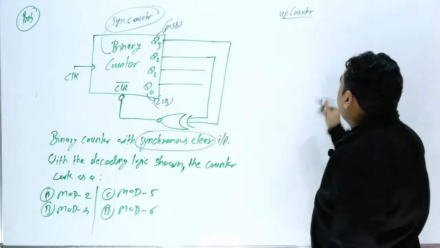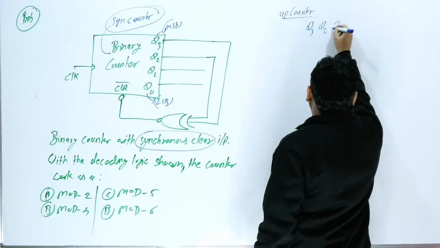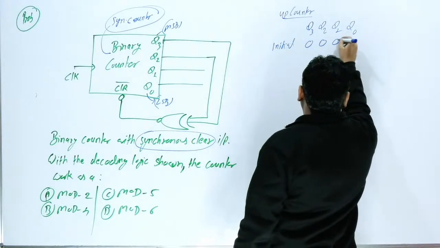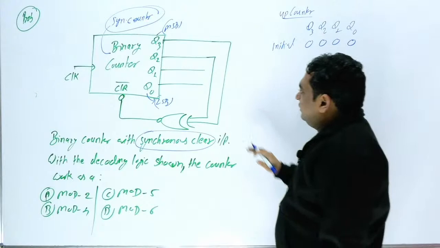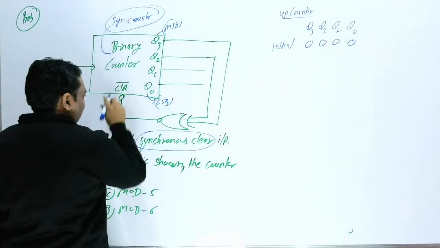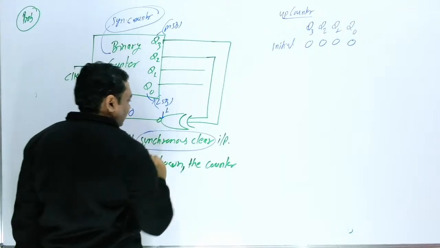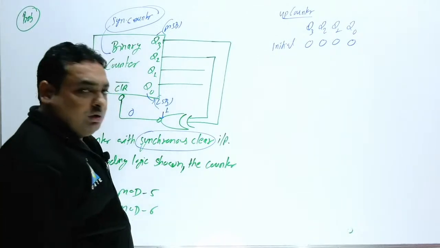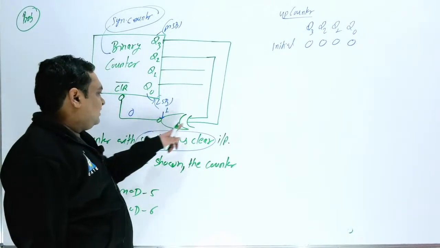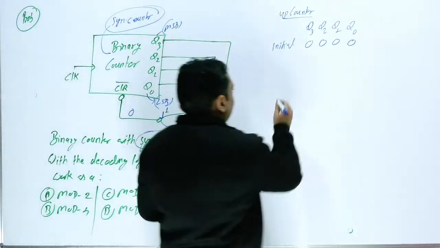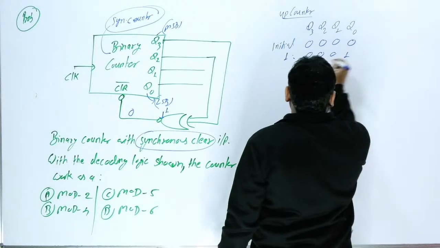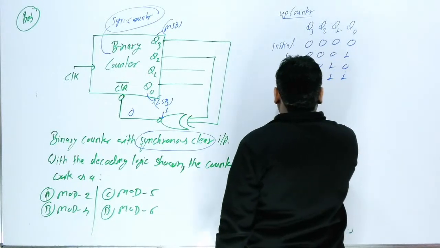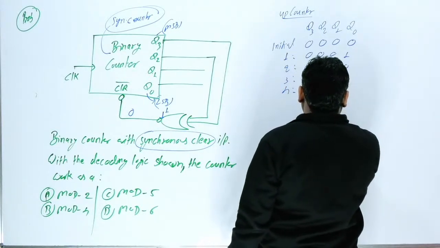Just I am going to write here: this is Q3, Q2, Q1, Q0. Initially this is 0 0 0 0. The clear happens when the XNOR output is 0, and it is connected with Q3 and Q2. After the first clock you will get 0 0 0 1, after the second clock 0 0 1 0, after the third clock 0 0 1 1, and after the fourth clock 0 1 0 0.